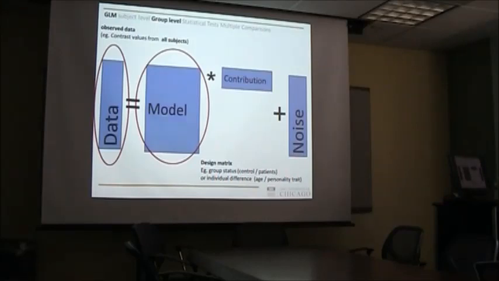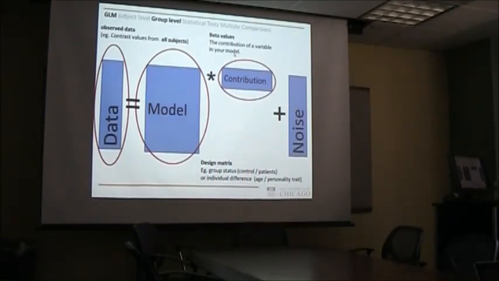Or it could be some individual difference, a variable like age or personality traits, if you're interested in how these vary with brain regions. And this is much more closely related to what you might be used to in SPSS, right, where you set up similar models, if you're not looking at MRI data, but say at reaction times. This is a similar thing.